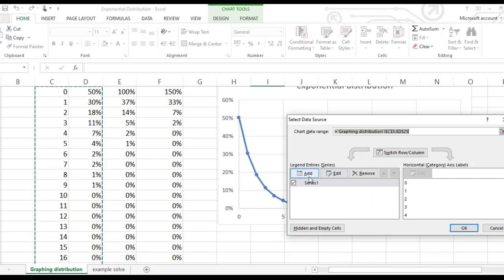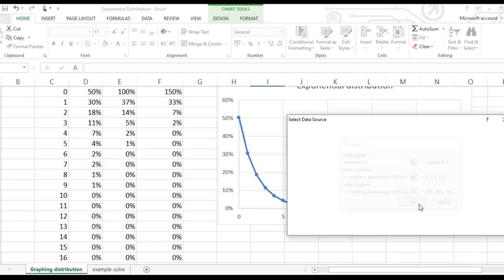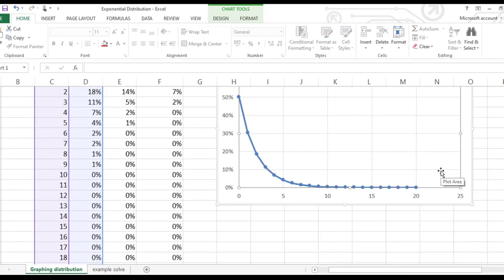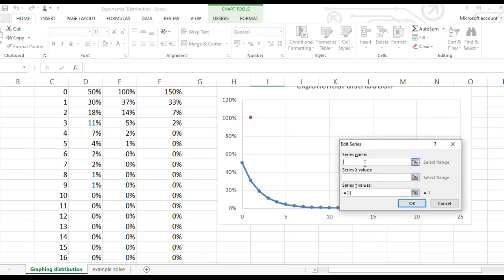Before adding the second graph, let us edit the name of the first graph. Okay, so here lambda equals to 1, sorry, it's 0.5. Now I am adding the second graph when lambda equals to 1.